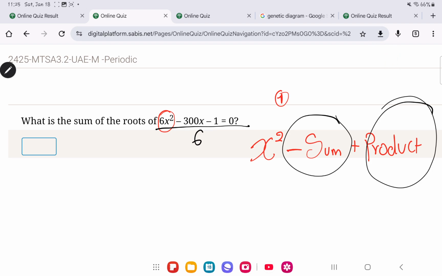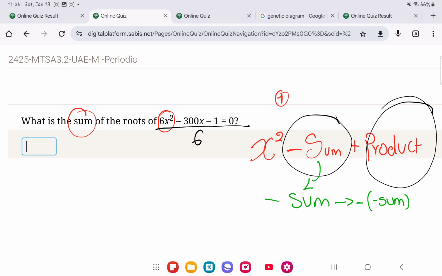So they asked us for what? They asked us for the sum of the roots. We know that the sum is what? It's going to be minus sum. So to actually find the value of the sum, we are going to do minus multiplied by minus sum. So to get rid of the minus, we are going to multiply it by minus again.